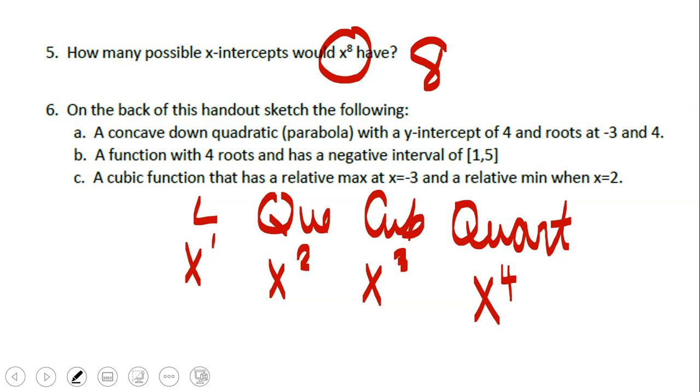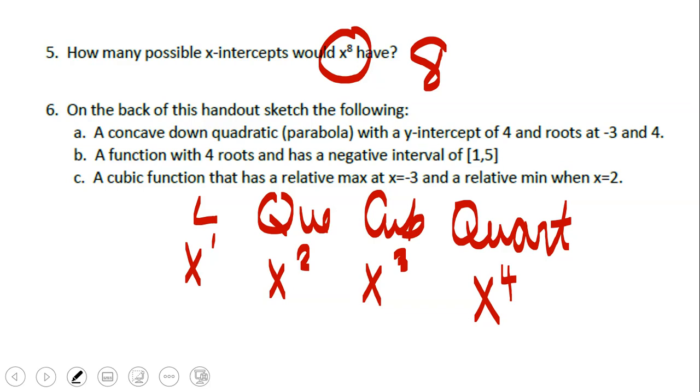Number 6. On the back of this handout, sketch the following. A, a concave down quadratic or parabola with a y-intercept of 4 and roots at negative 3 and 4. Part B, a function with 4 roots that has a negative interval from 1 to 5.